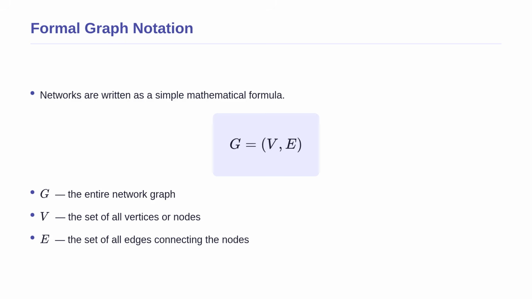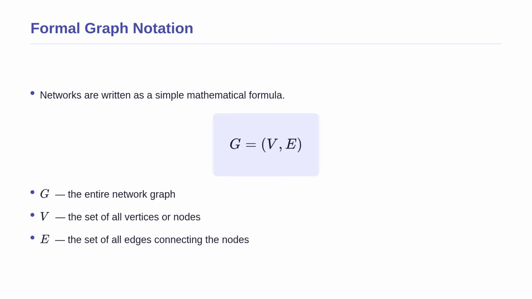To solve these problems mathematically, we must translate our visual map into a language that computers can understand. This brings us to our formal notation. We write the network as the simple formula G equals (V, E) in parentheses. Conceptually, this allows us to list out all important pieces instead of drawing pictures.